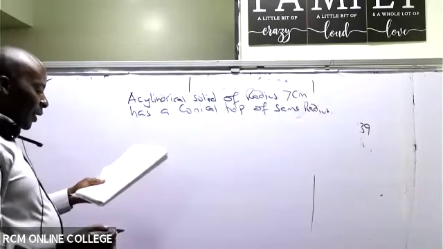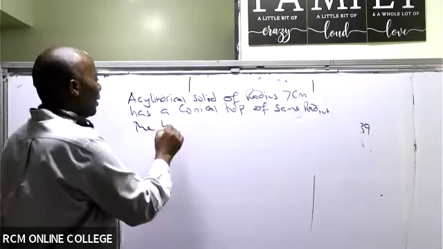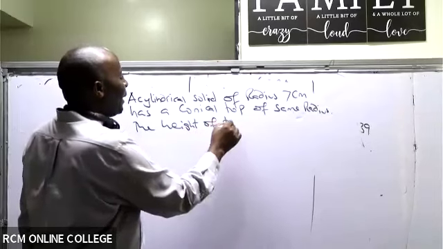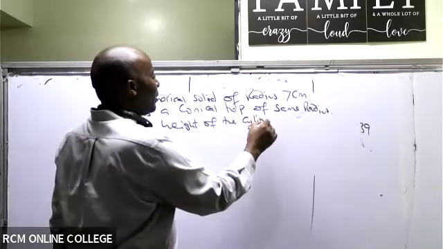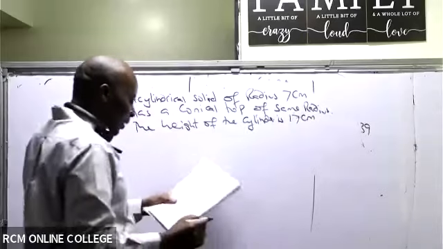The height of the cylindrical part of the solid is 17 centimeters. The height of the cylinder is 17 centimeters.